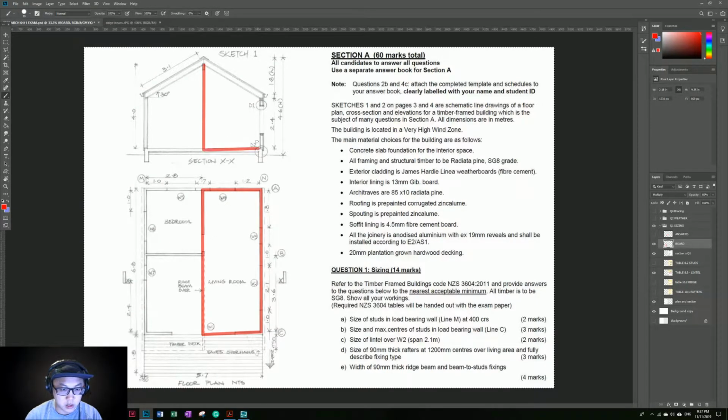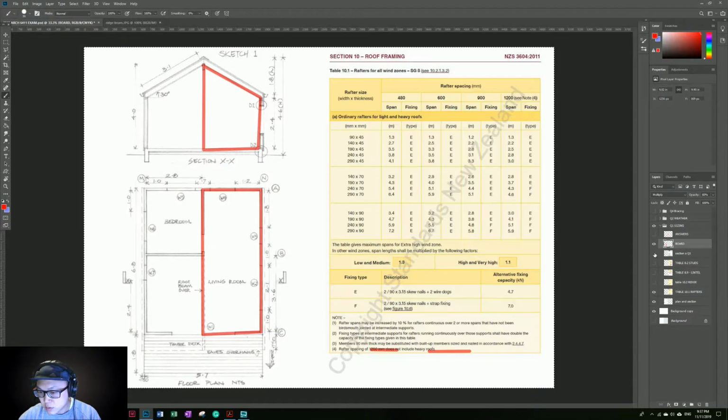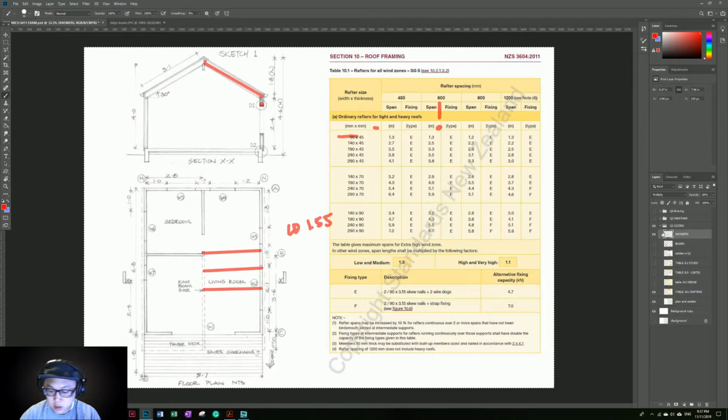So they want us to size this rafter, and they said 1200 centers and 90mm thick. So let's go to our rafter table. We need 1200 centers, so that's where we have to work from.